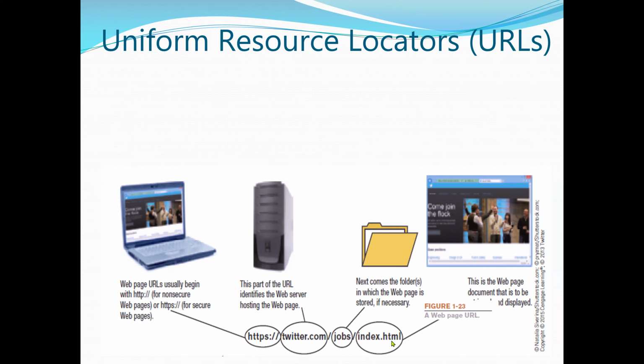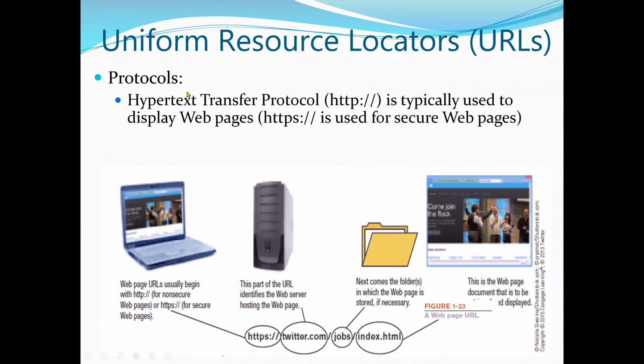Again, HTML is a special scripting language that we use to develop web pages. By having the extension .html, the operating system knows this is a web page. So we ask, what is the protocol? It's the hypertext transfer protocol, typically used to display web pages.